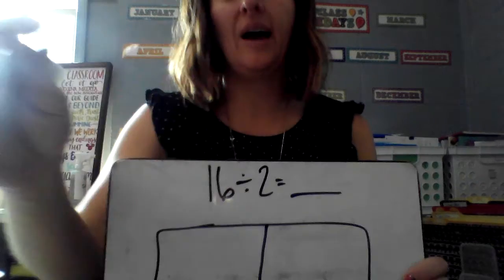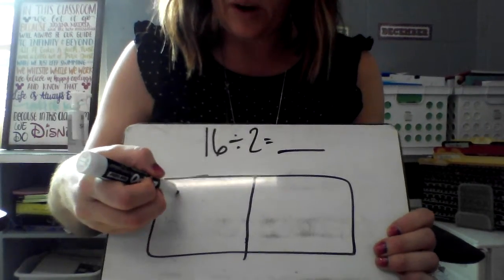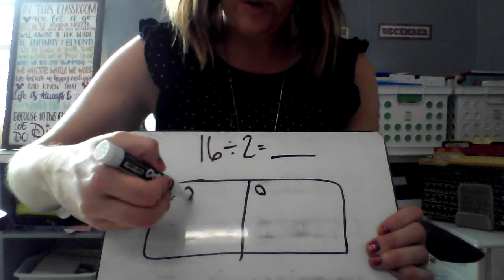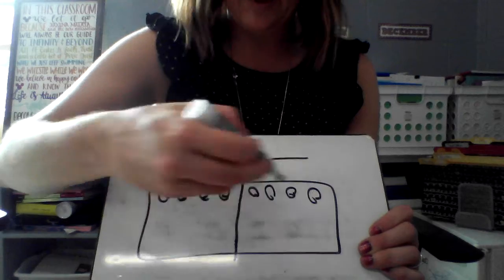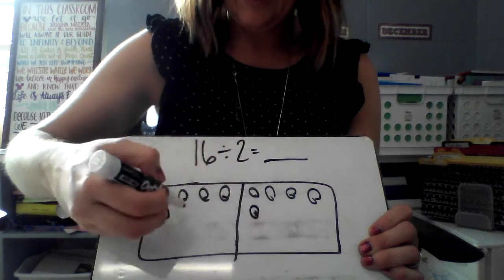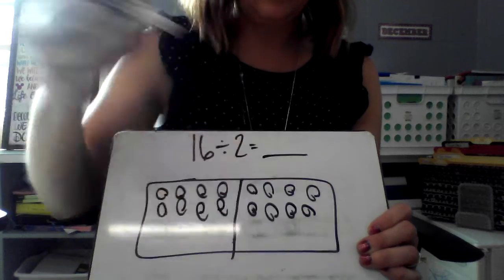And I'm going to find how much is going to go in my groups. So I'm going to equally share those 16. I'm going to go 1, 2, 3, 4, 5, 6, 7, 8, 9, 10, 11, 12, 13, 14, 15, 16.